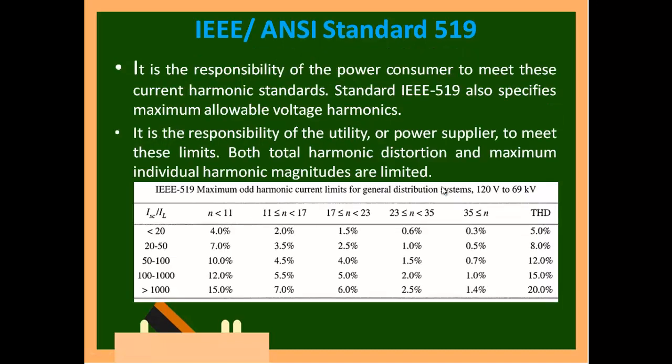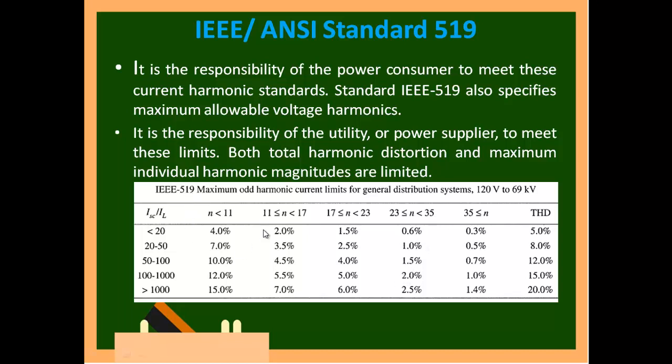Then it is the responsibility of the power consumer to meet these current harmonic standards. The IEEE 519 standard also specifies the maximum allowable voltage harmonics. Like current harmonics, for voltage harmonics the utility and power supply are responsible for meeting these limits. Both total harmonic distortion and maximum individual harmonic magnitude are limited.